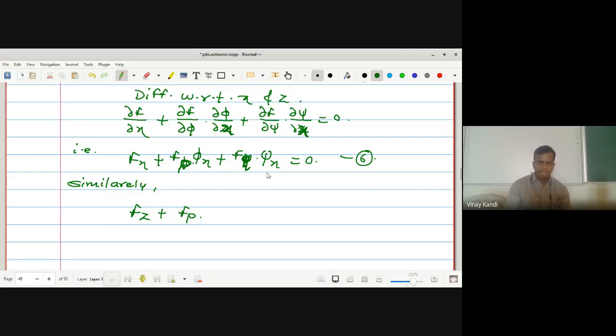So fp into phi z plus fq into psi z is equal to 0. This is equation number 7. Any doubt up to here? Any doubts, ask. Which step was not understood? No, sir.